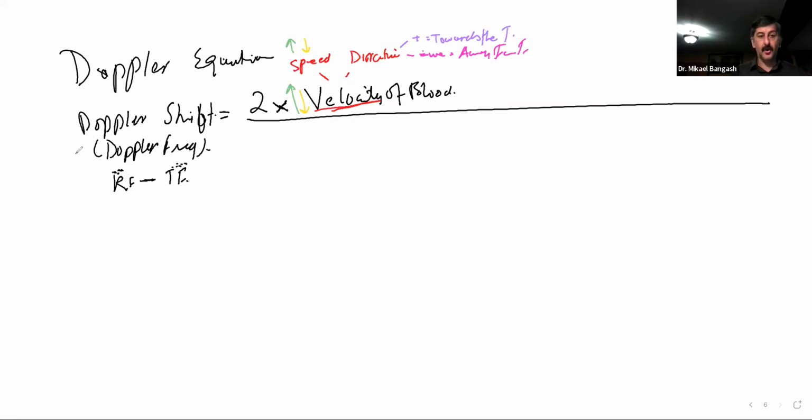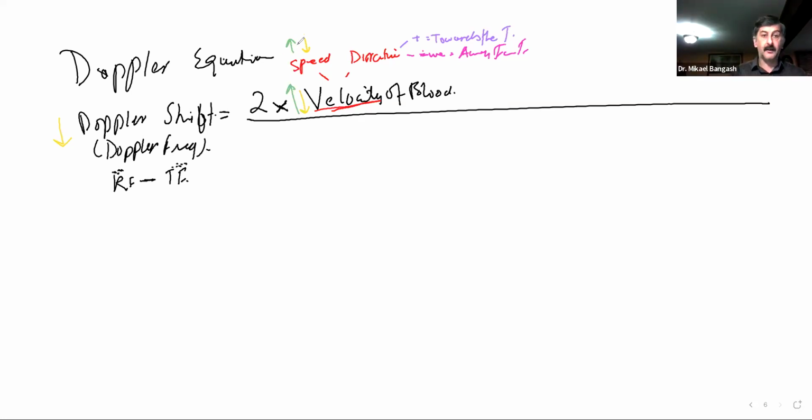But due to that low speed, we will have a low Doppler shift. Did you guys get that? Yes.